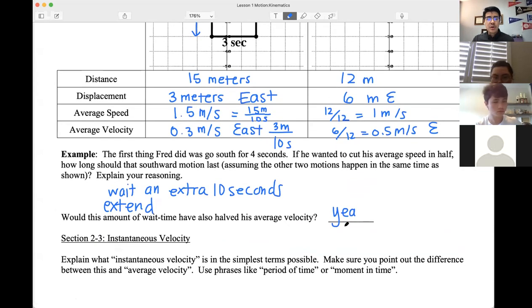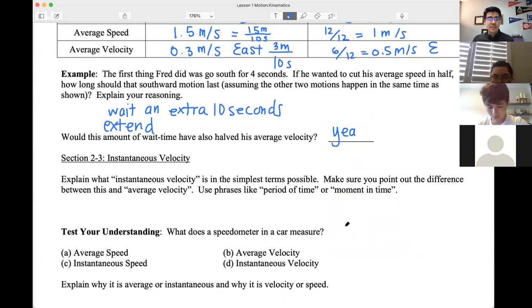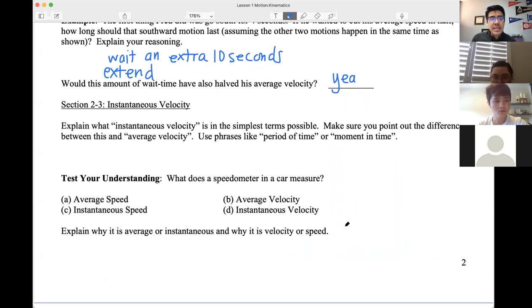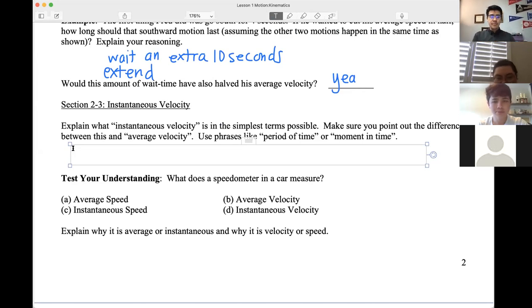Okay. So we've been calculating average speed and average velocity. Now, what about instantaneous velocity? How's that different? It's the velocity at a specific time given, as measured at a precise moment of time.